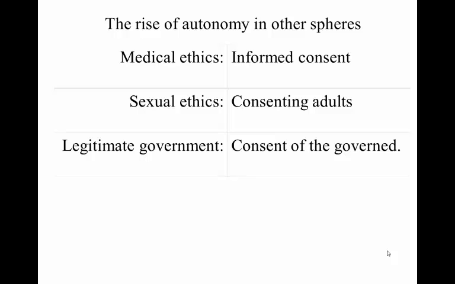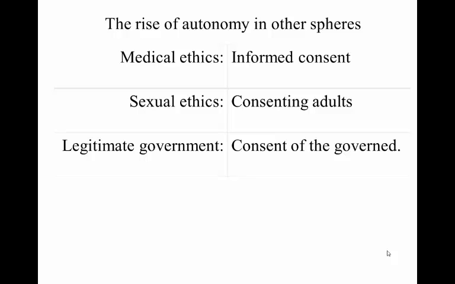Just as informed consent has become the watchword in medical ethics, consenting adults has become the watchword in sexual ethics. Once upon a time, sex was morally acceptable when two families agreed that a man and a woman should be married under the auspices of the church.